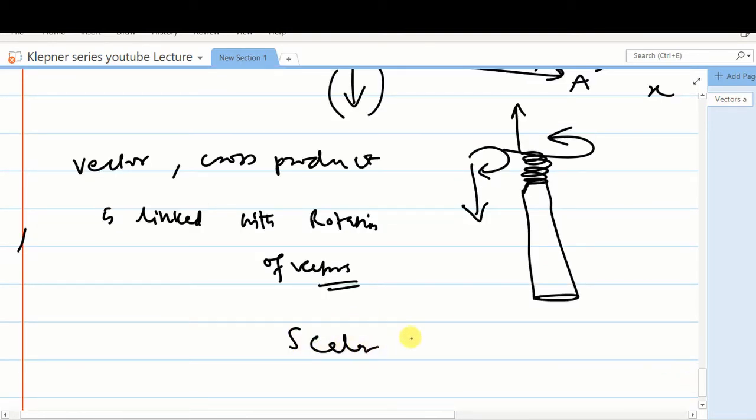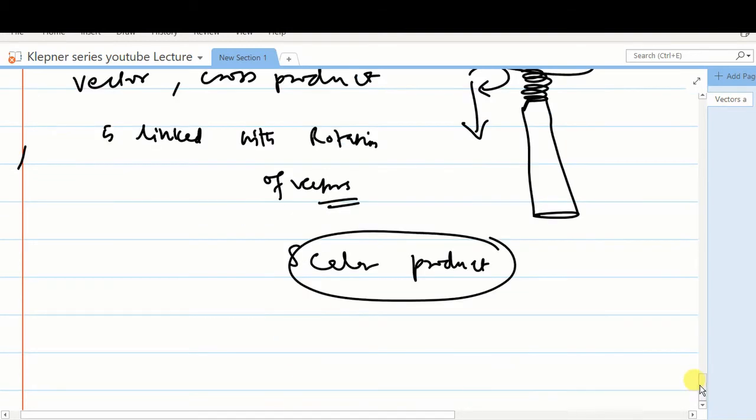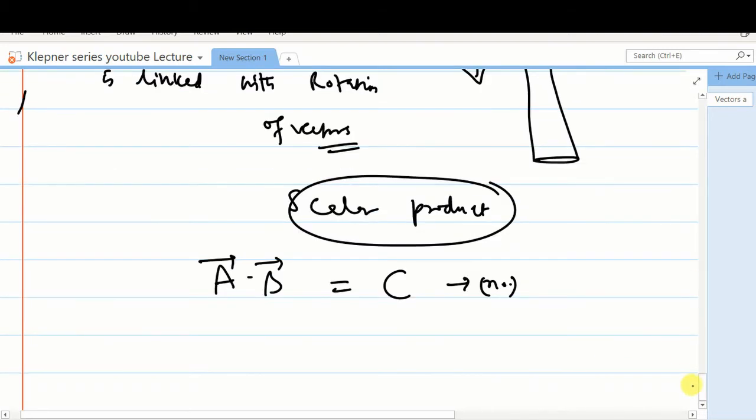Secondly, another part is called scalar product. How do we understand it? If I take the dot product of two vectors, it gives you only C. C is a number, there is no direction. C is A, B and cos theta.